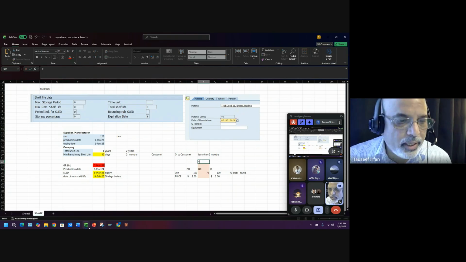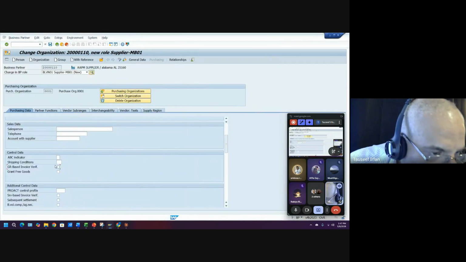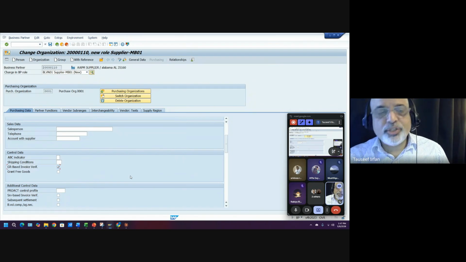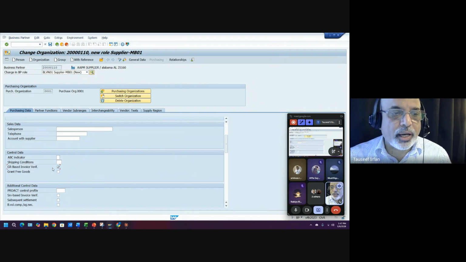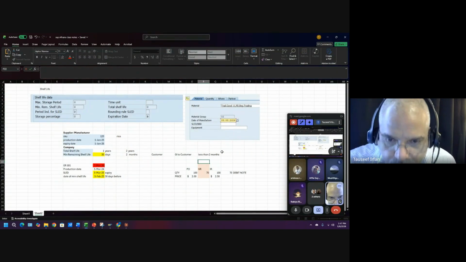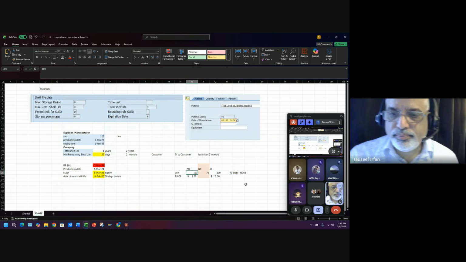You are going to the vendor master data and putting a check mark here. Then only the system will stop you and say, hey, check the GR. If you don't check mark this, then this part is optional for you and you are just relying on the PO. Everybody understood now? Yes, sir.